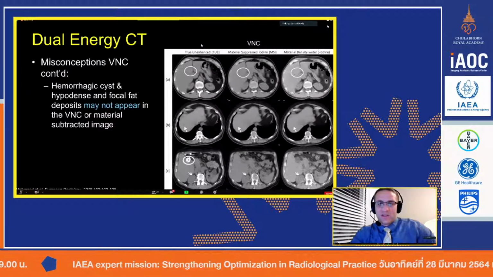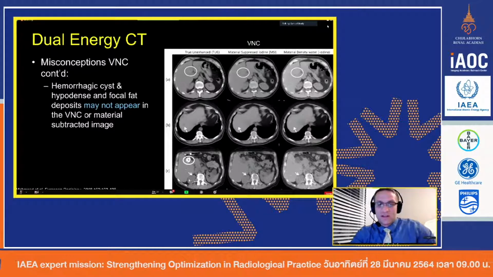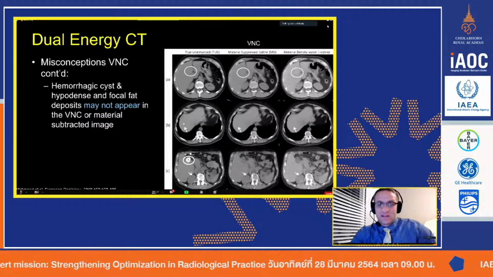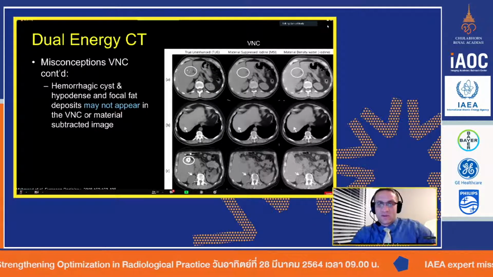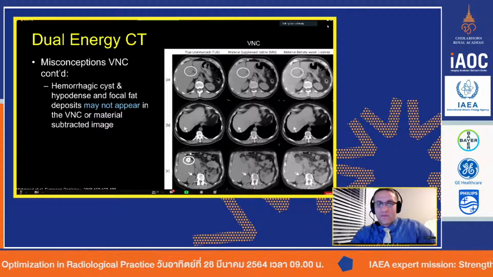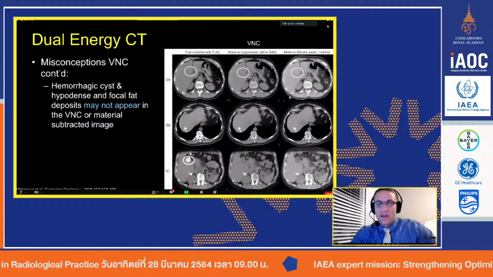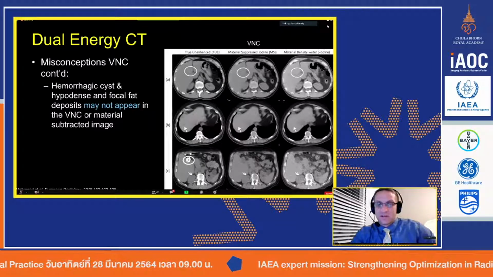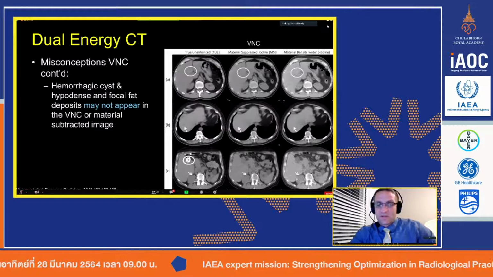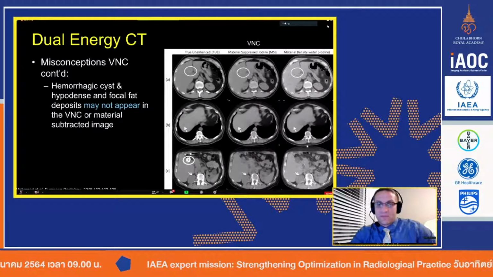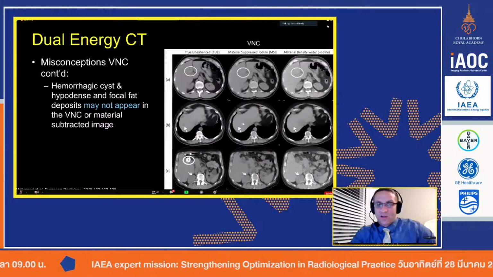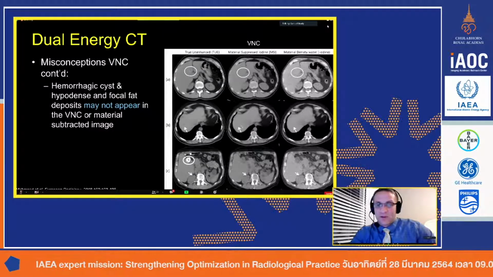And what you see in the true unenhanced, you see the cyst, you see the hypodense lesion and the focal fat here. But for the virtual non-contrast and the material density maps, the cysts, you can't see them. And it's arguable that you can't see the hypo here.